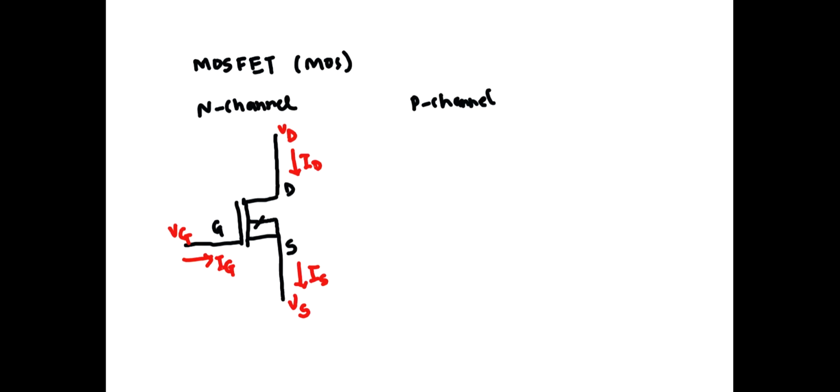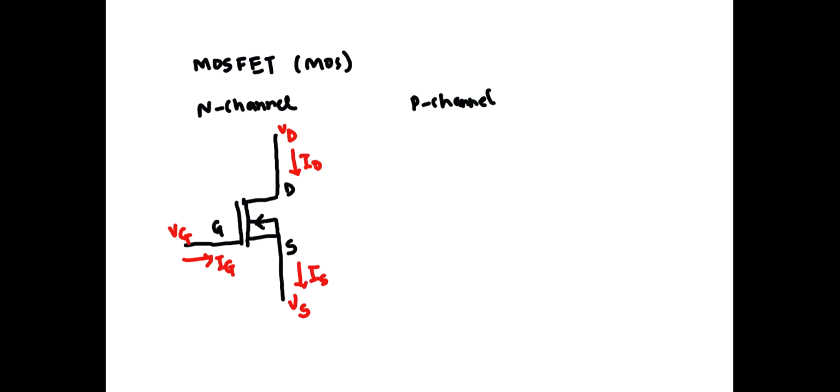And you can see that I have now drawn the arrow right here that indicates the direction of the current flow, and therefore it is called an N-channel MOSFET. Okay. So you see that the current flow is from drain to source. And the arrow indicates that the current is going inside the pin right here.